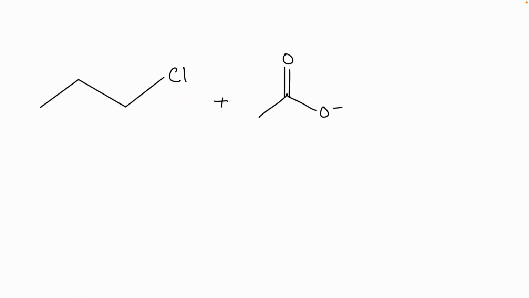So, first of all, let's look at our halogen here. Everybody take a second and determine whether we have a primary, a secondary, or a tertiary halogen. All right, so this would be a primary halogen. So now we need to find this thing on our chart.